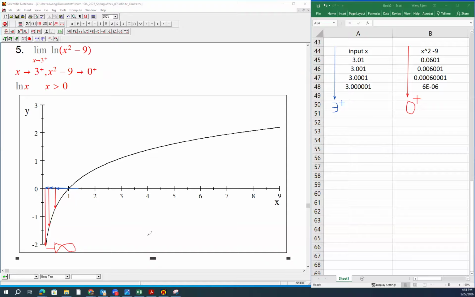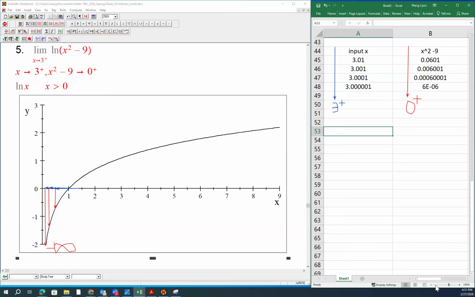Numerically, I'm going to show you some numbers. I think an Excel worksheet can do that for us. As the input gets closer and closer to 0, suppose I'm using these numbers for ln.